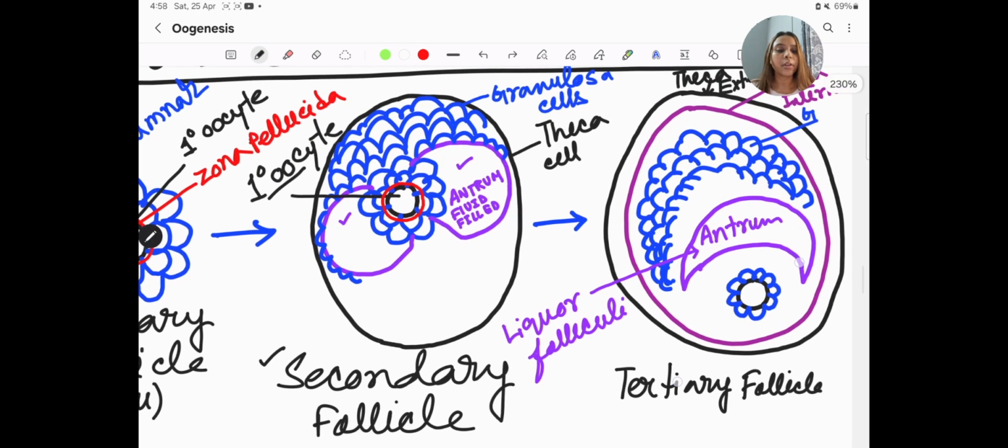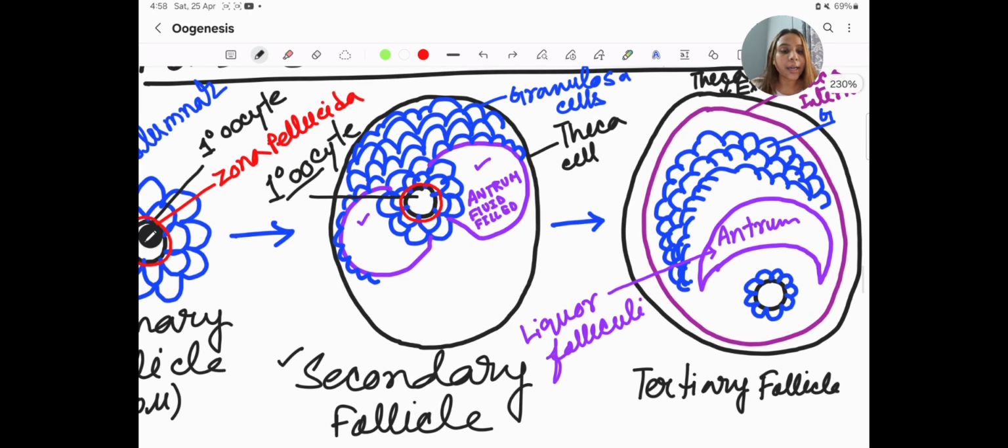Now we can see that there is the oocyte, and this oocyte will be a secondary oocyte. So when does it become a secondary oocyte? At the last stage of the follicular development.